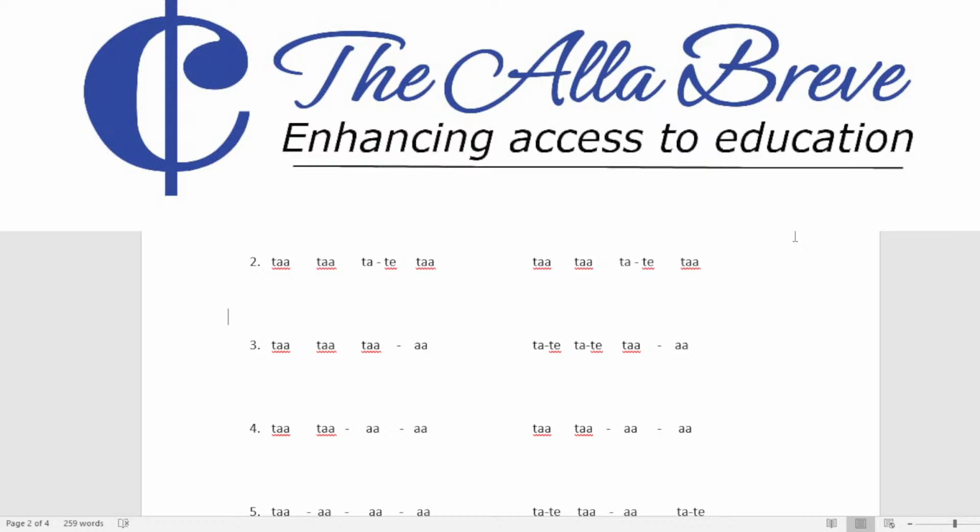Having gotten the rhythm, we try to interpret first rhythm number 1. There we go. Ta ta ta ta ta ta ta ta te ta ta ta ta ta ta ta ta te.